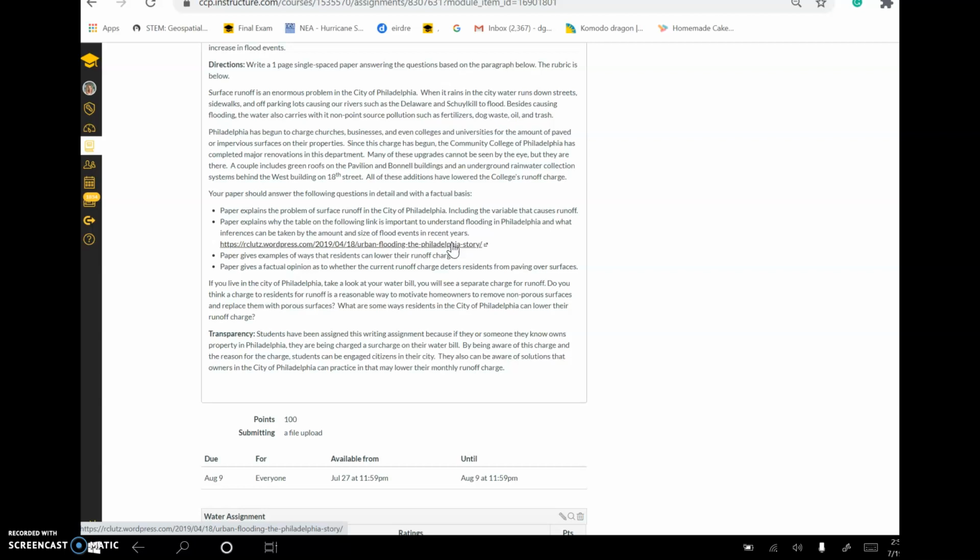So make sure that you answer those questions above. Okay, and I want you to think about that. Is it a reasonable way to change people's behavior by charging them? So, the paper explains here, you look at this table and you explain in detail whether it's really the inferences that have been made. You give me examples of how to change our behavior, and also whether you think the runoff charge is working.